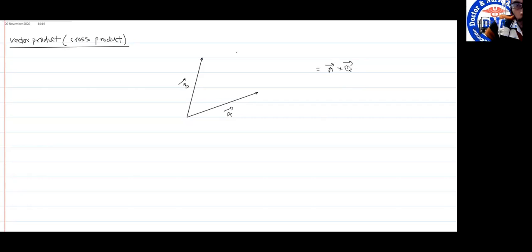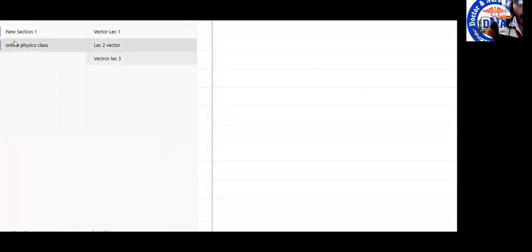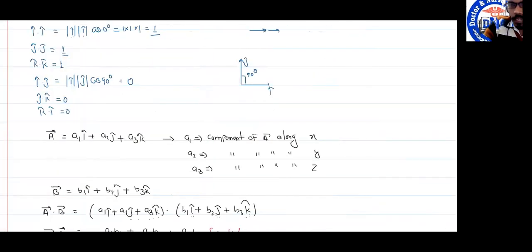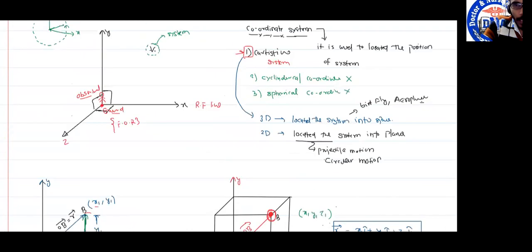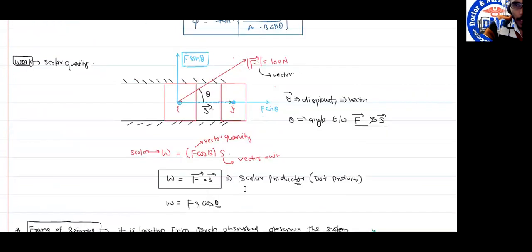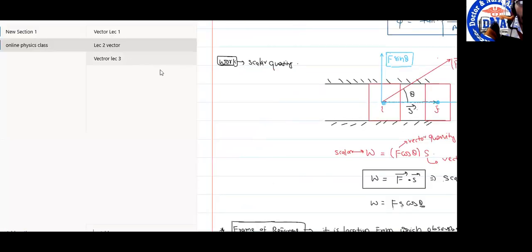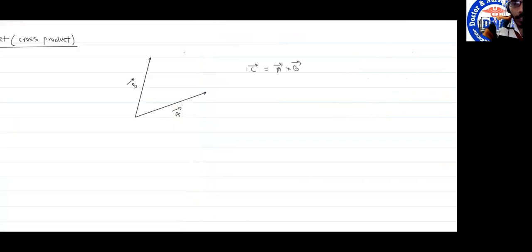If you do the cross product of these two vectors, you get a vector.